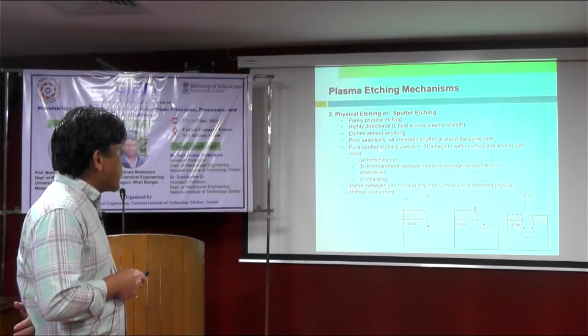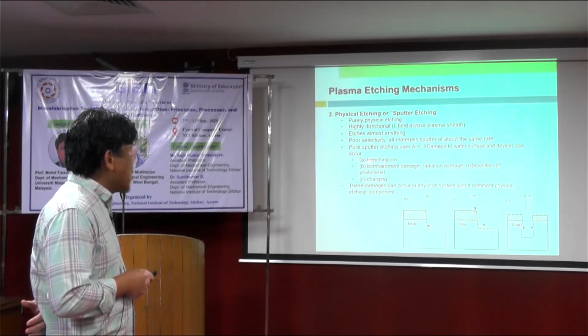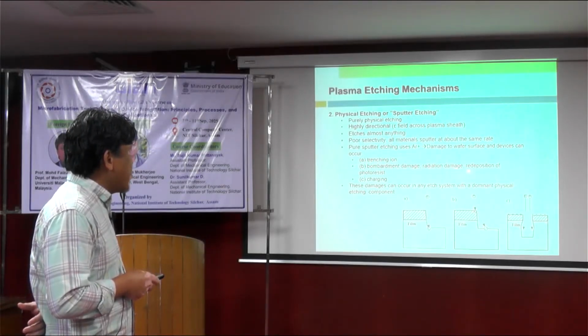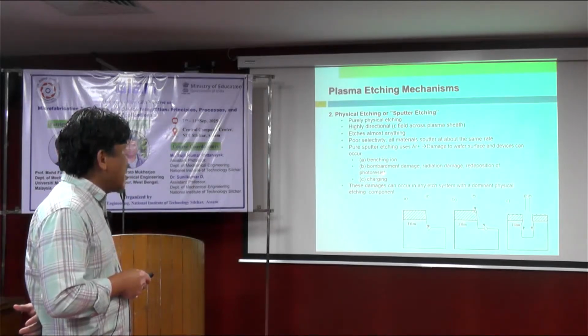Pure sputter etching uses argon, and damage to the wafer surface and device can occur. For example, trenching, ion bombardment damage, radiation damage, redeposition of photoresist, and charging.